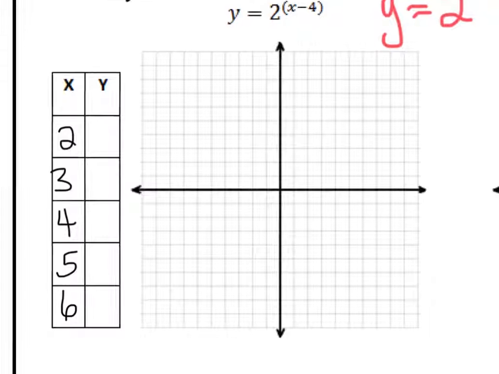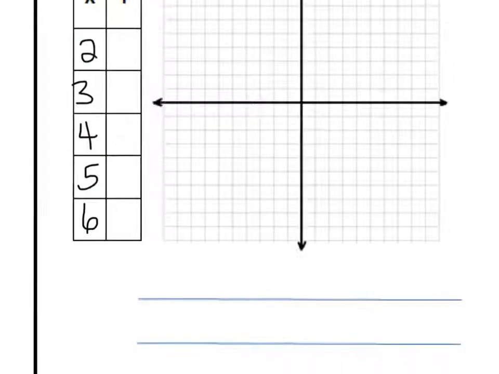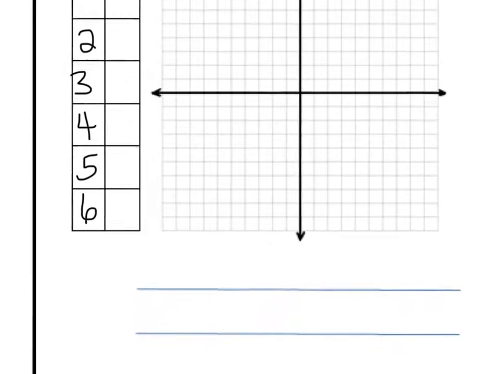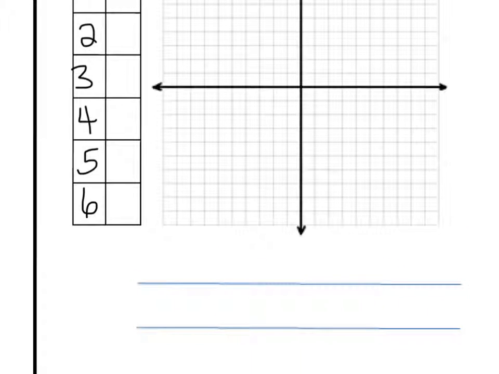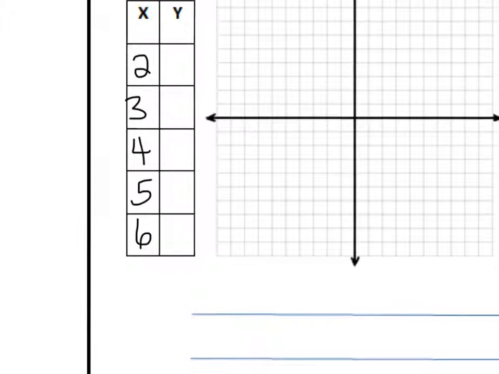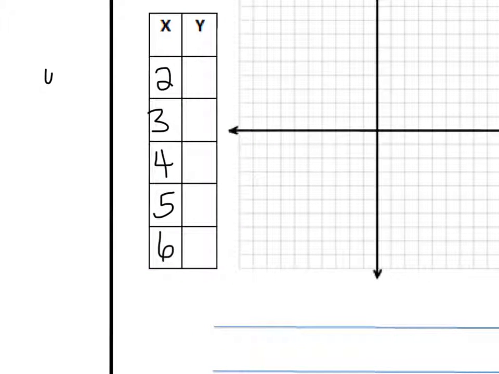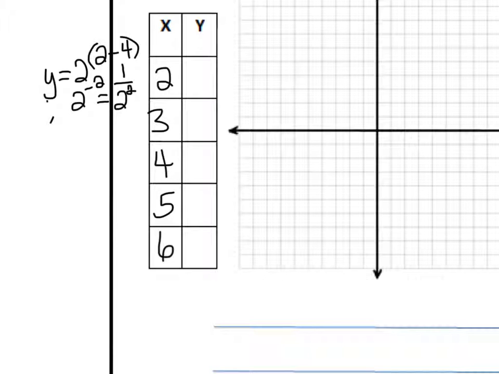So for y equals 2 to the x minus 4, if I plug in a 2, it's going to be y equals 2 to the power of (2 minus 4). So that's going to be 2 to the -2, which means 1 over 2 squared, and 2 squared is 4, so we have 1/4, or 0.25.